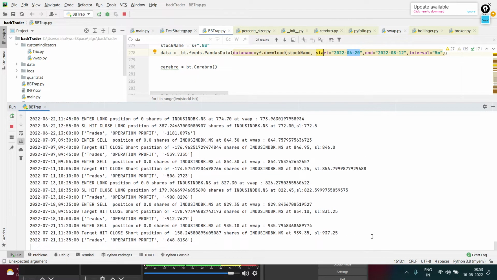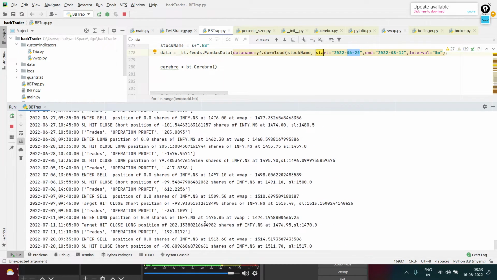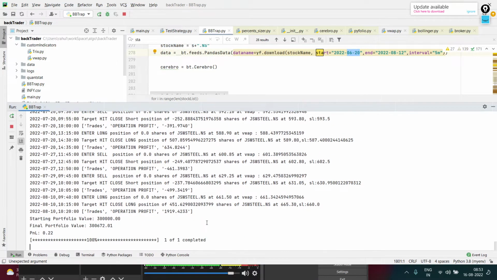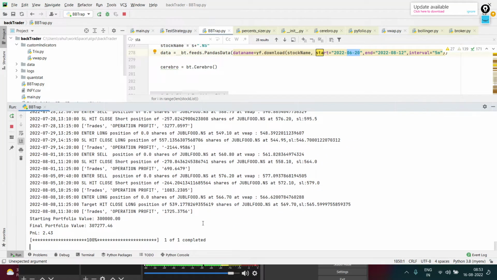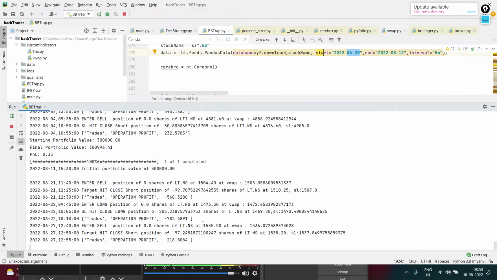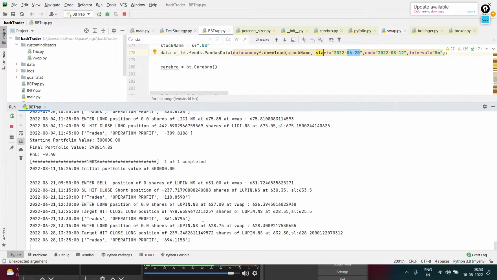That's okay. We are testing on the complete list of 100 stocks. We'll have the output as the final PNL, which will combine the results of all 100 stocks, so we can see the cumulative return.